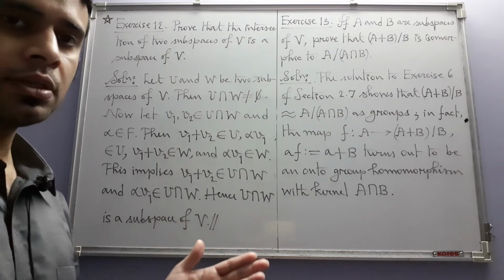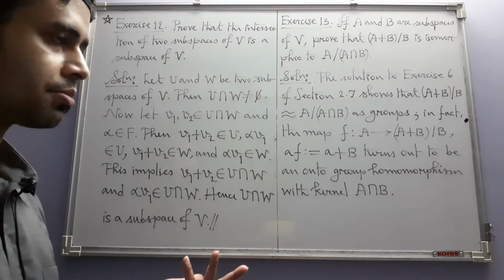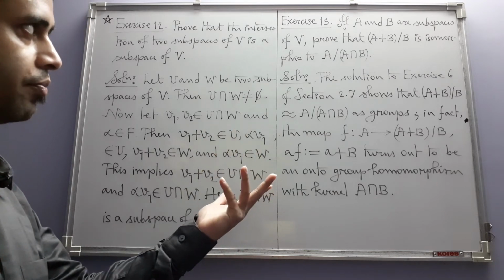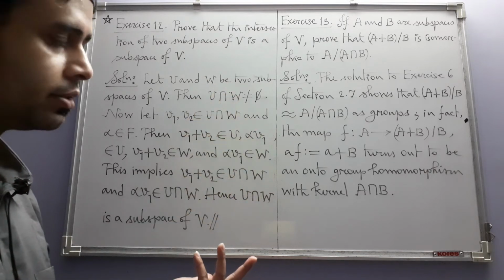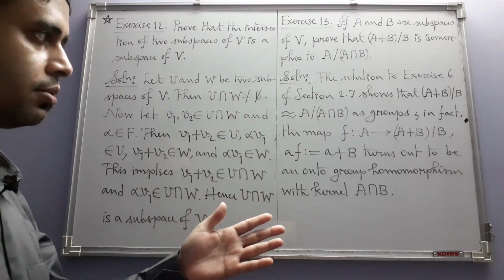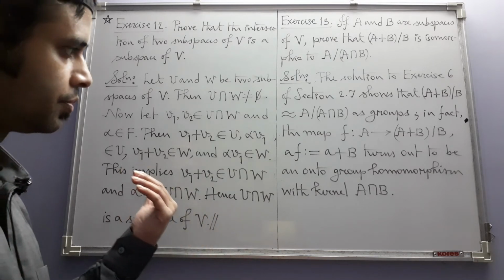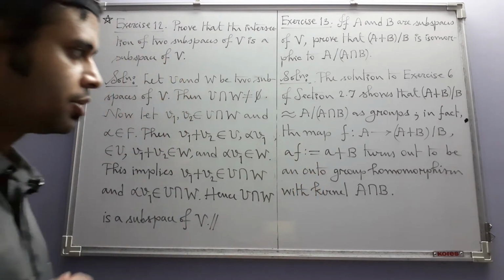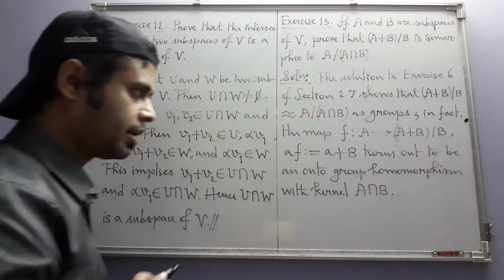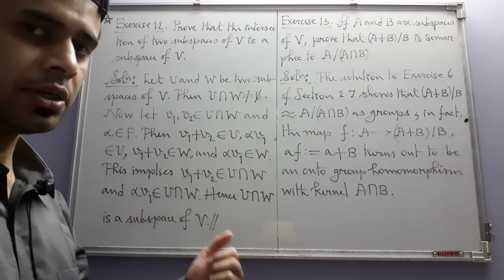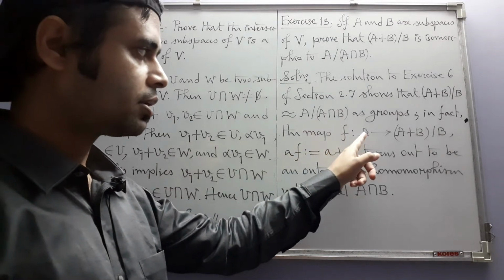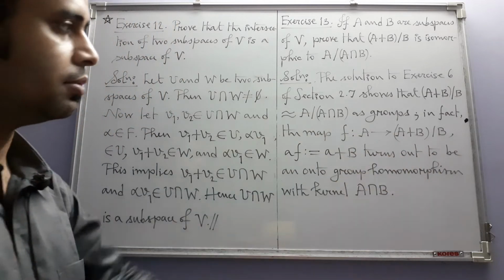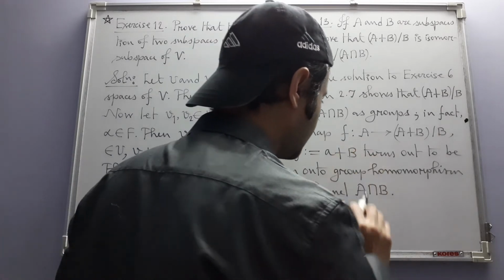Because this map is a group homomorphism, it respects addition, because that is our binary operation with respect to which our original space V is an abelian group. So the only thing we have to show extra to complete the solution is that F respects multiplication by scalar. If it does, then F will be a vector space homomorphism from the subspace A to this quotient space (A + B)/B.